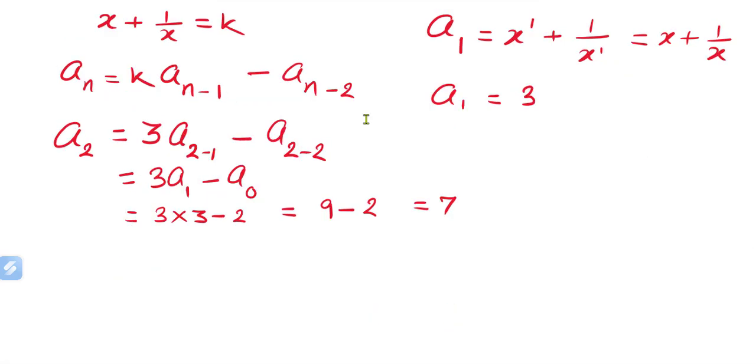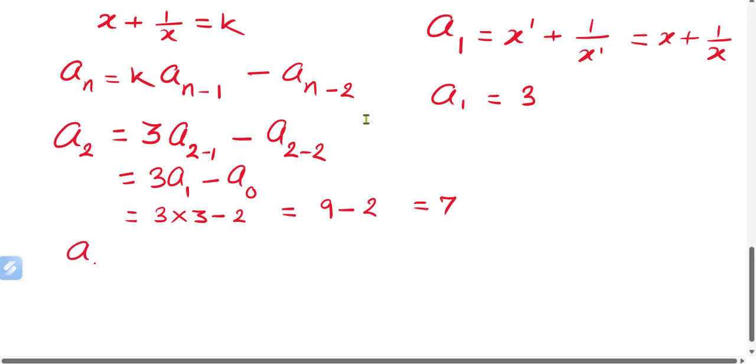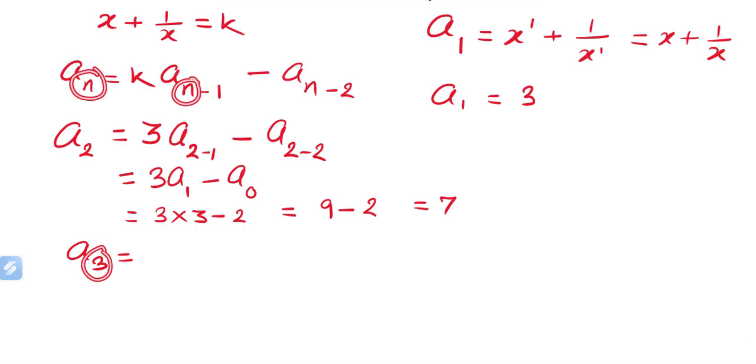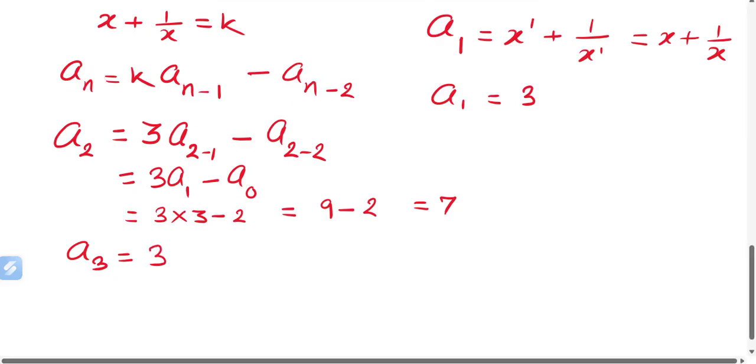Now we repeat the same for a3. Again, the value of this n is replaced by 3. So this is 3 and this is 3. Now we can write 3 a 3 minus 1 and then a 3 minus 2.